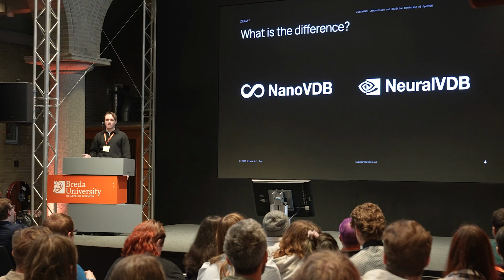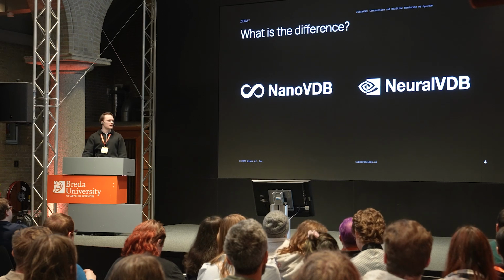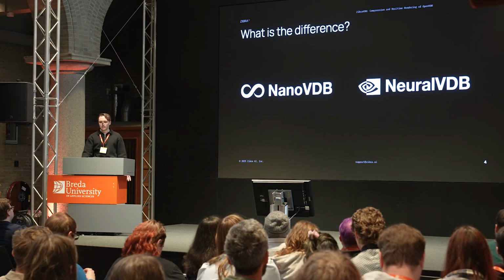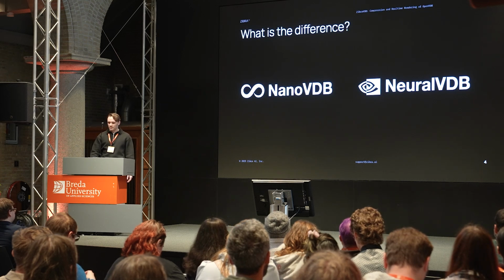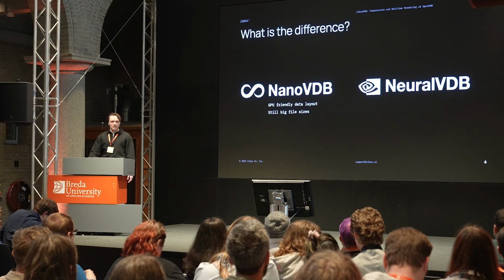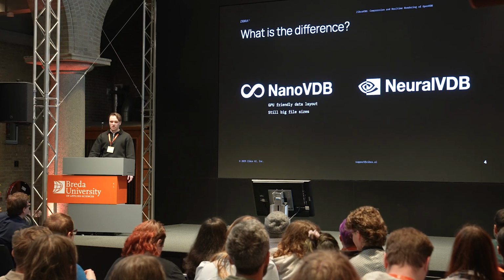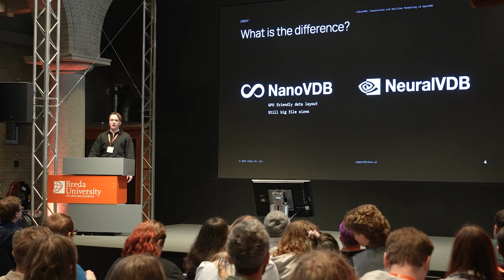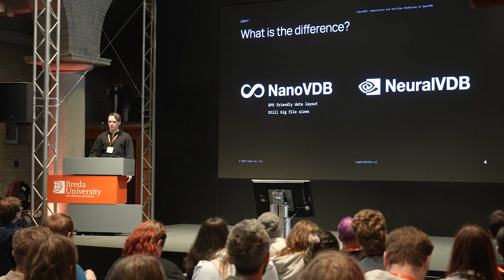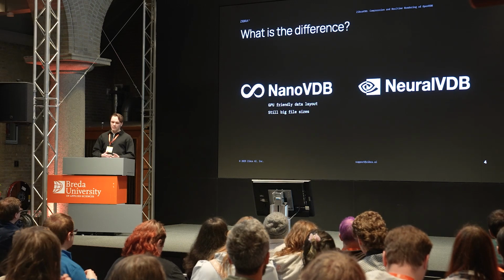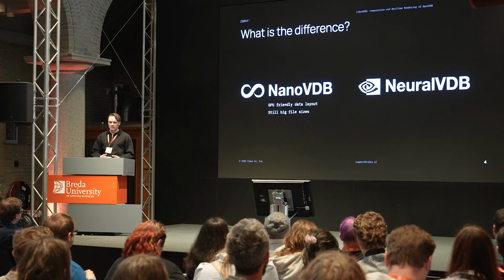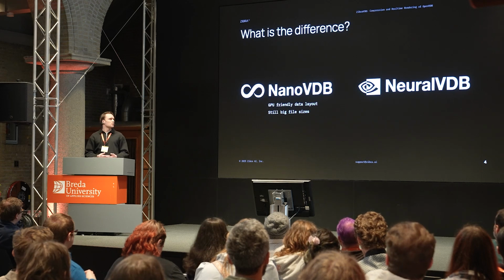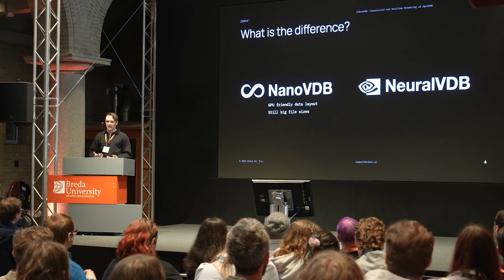You may have heard of technologies such as NanoVDB and NeuralVDB, and how different they are from ZibraVDB. Is it just another VDB technology? Well, first of all, NanoVDB doesn't really change a lot. It's just a different layout for volumetric data, which is friendly with the GPU, but it doesn't really accelerate anything. It doesn't allow you to render VDB in true real time.